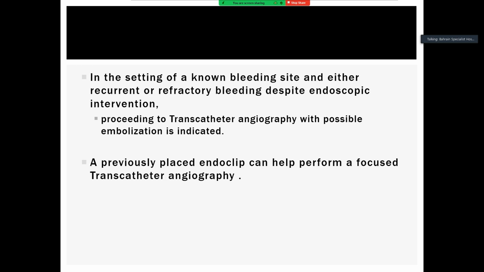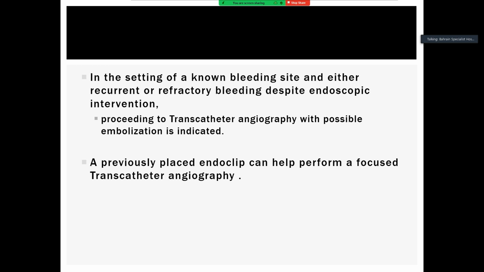However, if we know the site of the bleeding and there is recurrent bleed, we went in and did all the best possible options, and we went again and there was a recurrent bleed, now this is a refractory bleed, then we can go for transcatheter angiography for possible embolization.